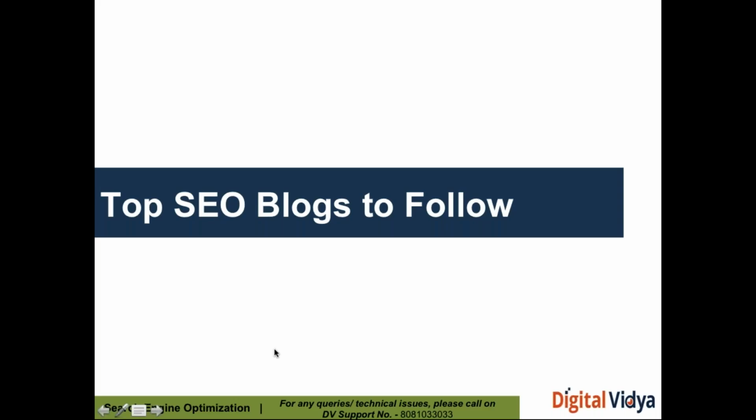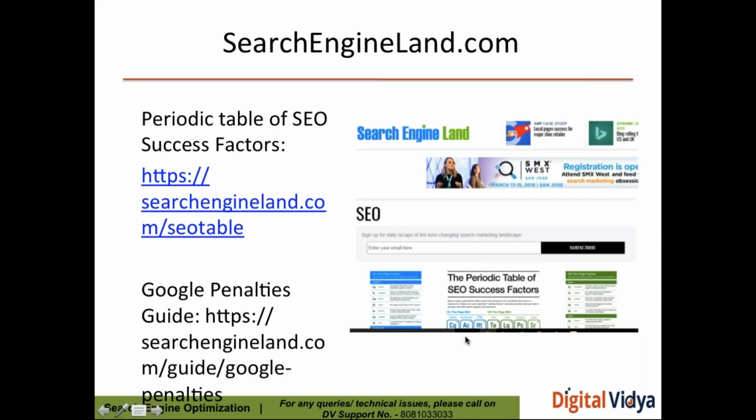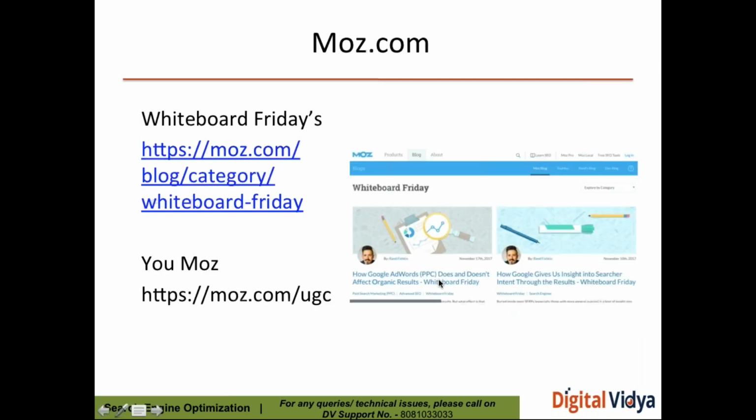So the top SEO blogs that you should follow, I hope everybody is noting it down. Number one is Search Engine Land, searchengineland.com. And then we all know Moz is, all in all, the best website for SEO lovers, or people who are into the SEO industry.